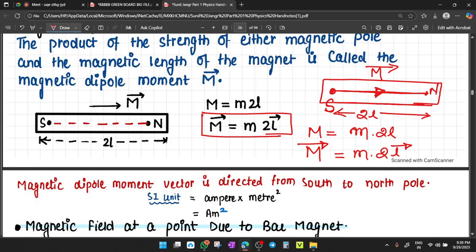Now tell me the SI unit of magnetic dipole moment. Nitin, what is the SI unit of magnetic dipole moment? Ampere meter square. Why?